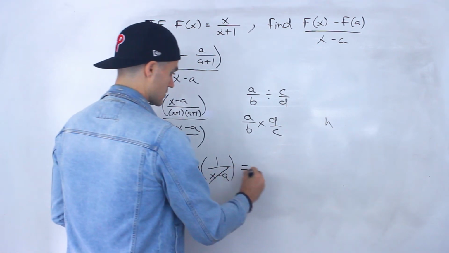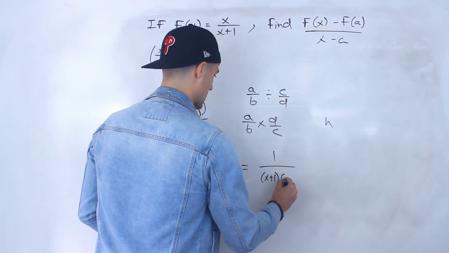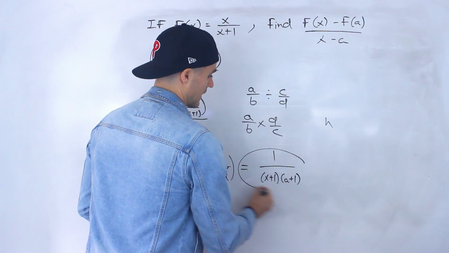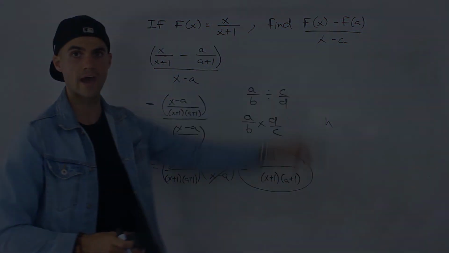These cancel out, so we end up having 1 over x plus 1 times a plus 1. So that ends up being the final simplified expression.